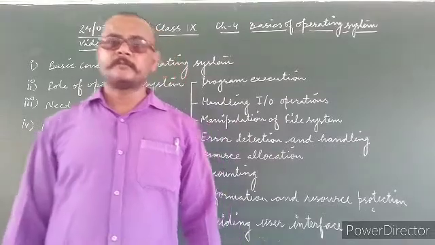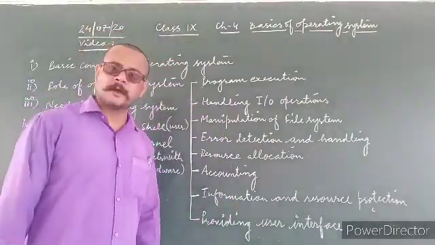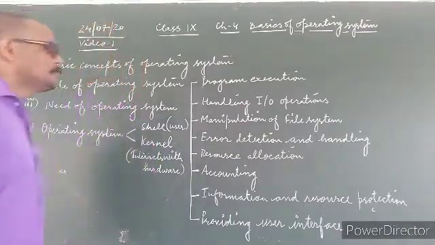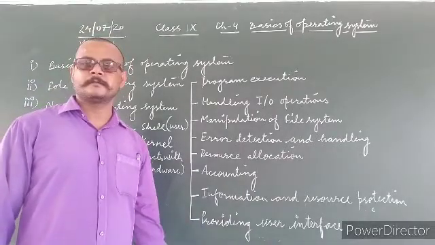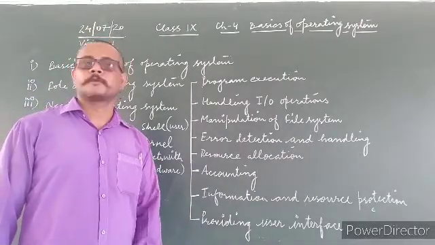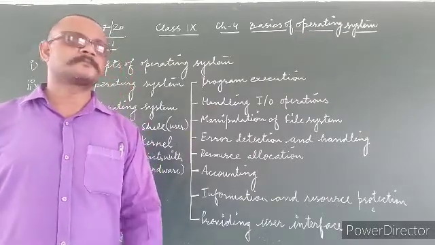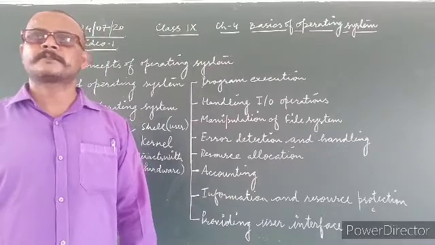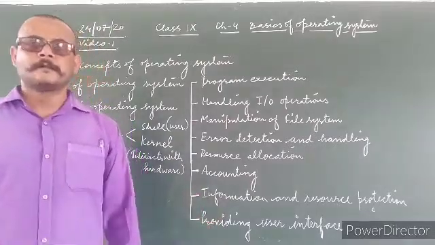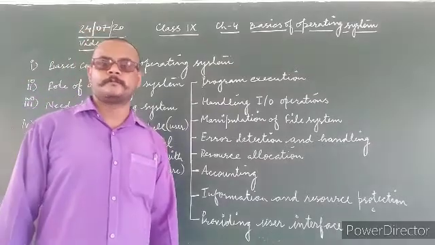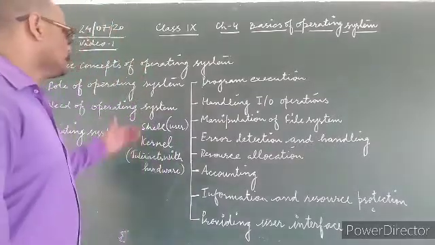Hardware is required as well as software, then operating system is required, and then a user, the human being, is also required. If you are having hardware but not software, or hardware and software and the user but not the operating system, so if any one thing is missing, a computer system can't work in a proper way. Got it?